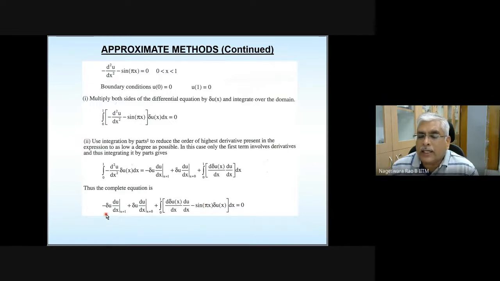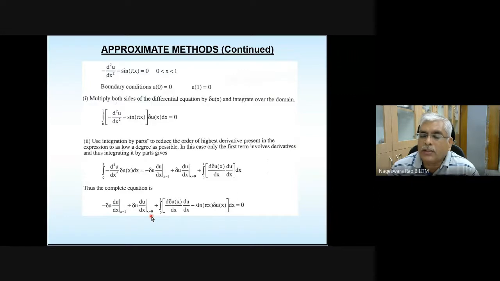Now let's understand what is the first term and what is the second term. First term is minus variation of u multiplied by first derivative of u with respect to x evaluated at x is equal to 1. And the second term is variation of u multiplied by first derivative of u with respect to x evaluated at x is equal to 0.